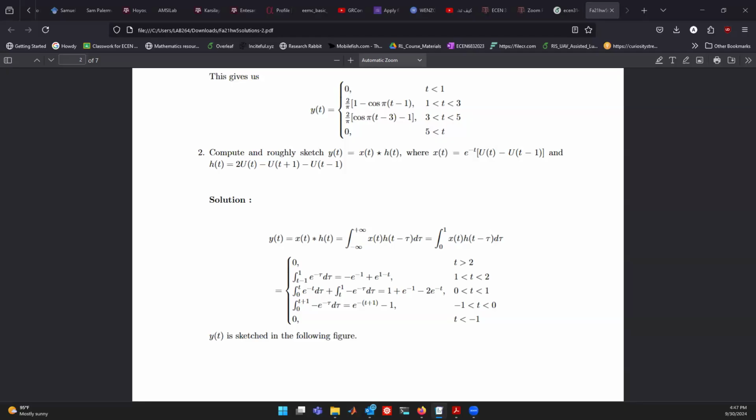Then the last portion is minus u(t minus 1). It's similar to what we had in x(t). It starts at 1 till infinity, but it's flipped, so starting from 1 it will become minus 1 until infinity. So this is minus u(t minus 1), and this is minus u(t plus 1).